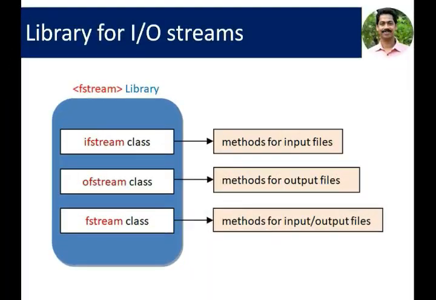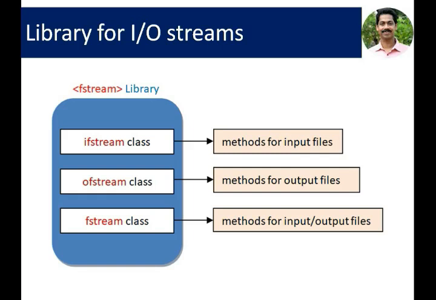This is a pictorial representation of 3 classes, and all these classes are defined in the FStream library. So FStream is a library in C++, similar to IOStream. For using any one of these classes, we must include FStream at the beginning of the program.